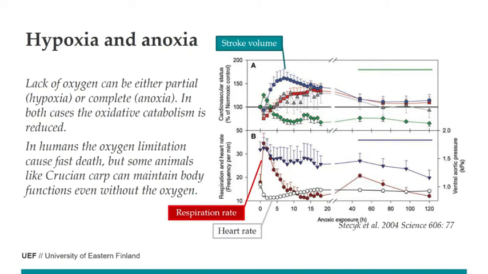And as you can see, it's more than when it was in normoxia, when there was oxygen available. So this animal is doing everything else except resting and waiting for recovery. It's increasing respiration. It's increasing the circulation. So it's quite active at that time.